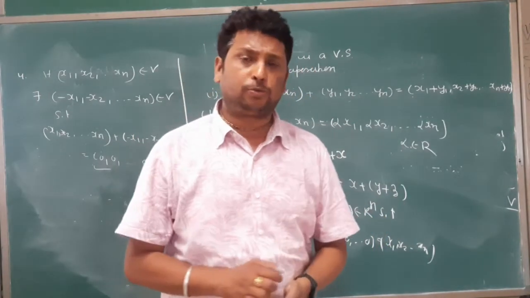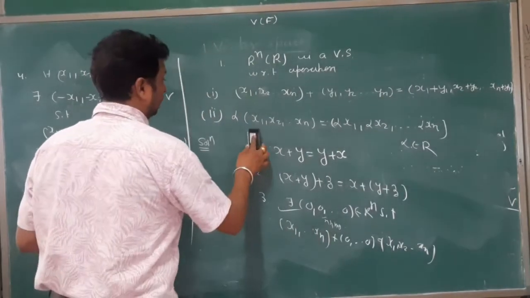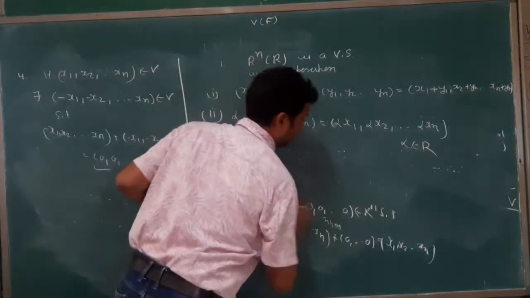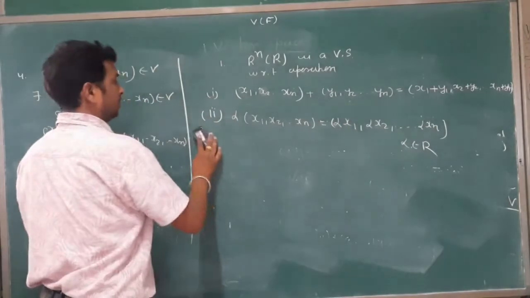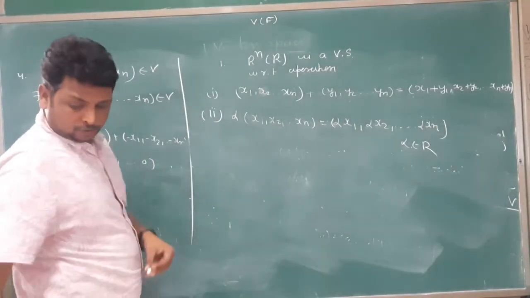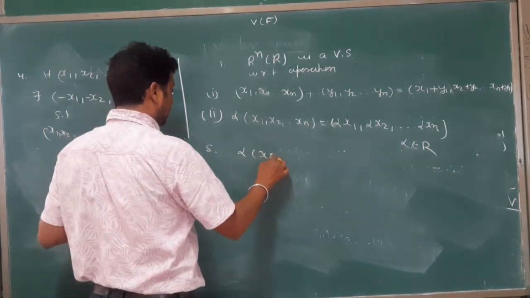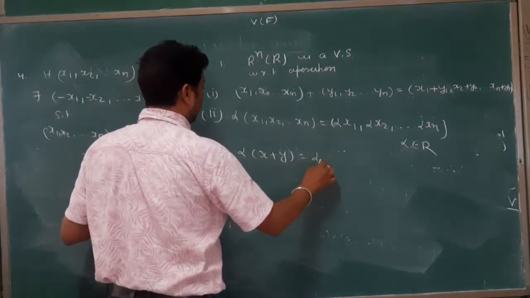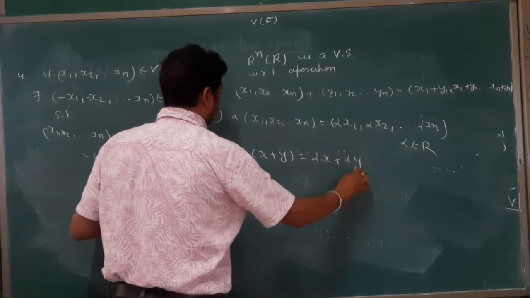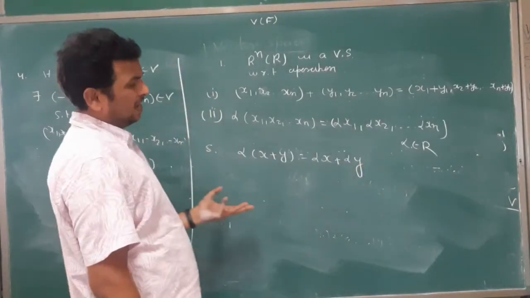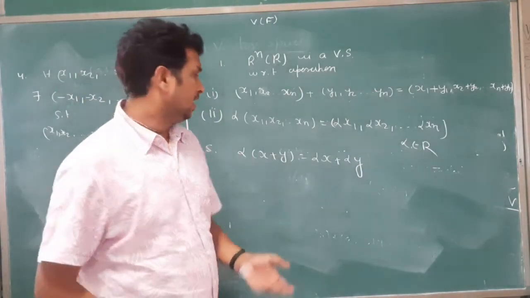Now we are going to scalar multiplication. What is the fifth property? The fifth property is alpha of (x plus y) is equal to alpha x plus alpha y. This is called the distributive law and it's always satisfied. You can prove it easily. How?